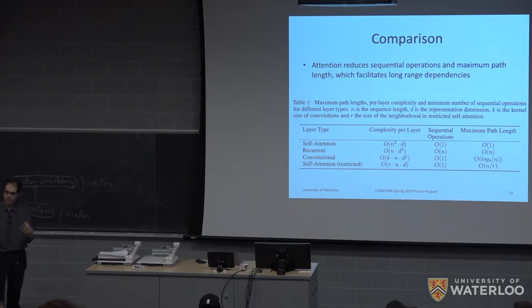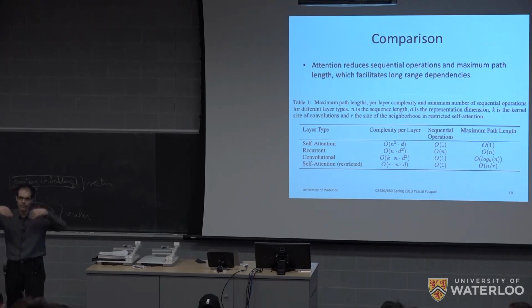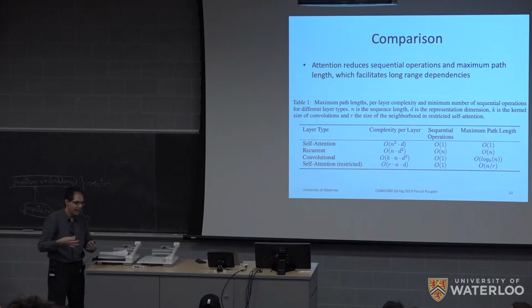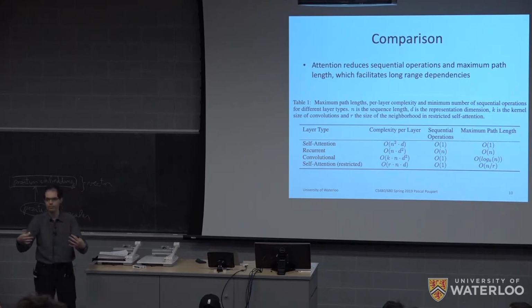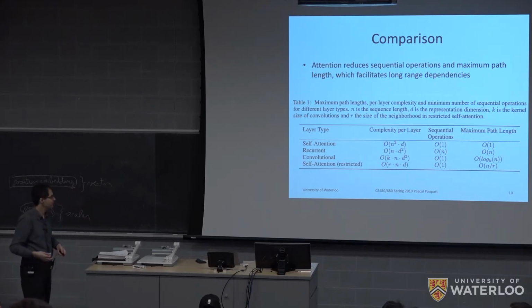So today with GPUs, we want to exploit parallelization, and it's better to not have to process the words sequentially, but to do everything in parallel. So even though we have a factor n square, this n square in practice might not be so bad, simply because we're going to do a lot of those operations in parallel.